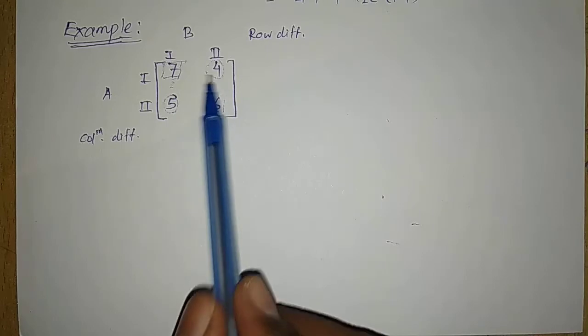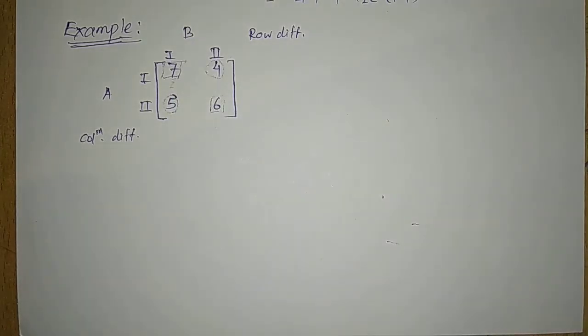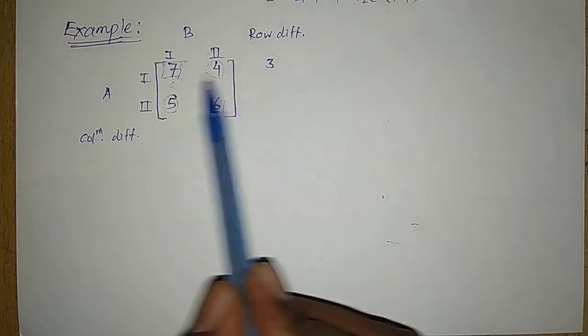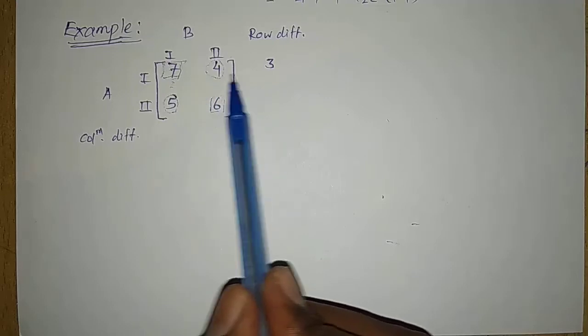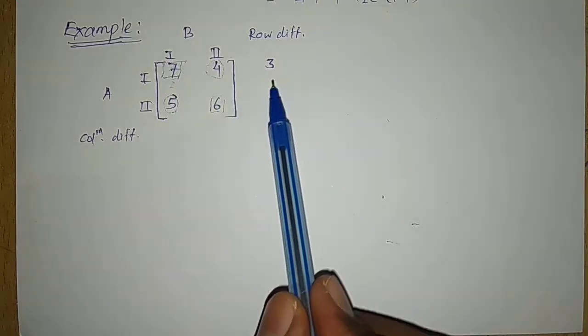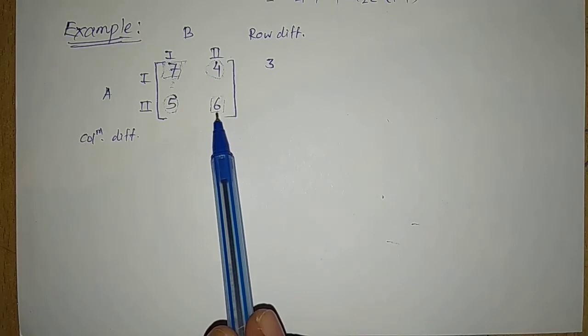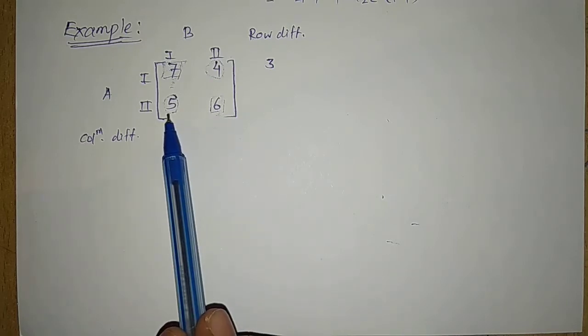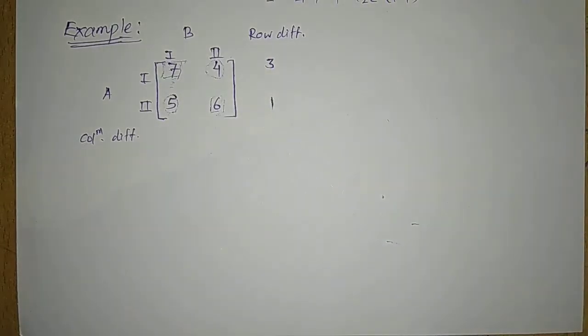Here the difference is 3: 7 minus 4, difference is 3. This is the first row difference. For the second row difference, we have to take the difference as A22 minus A21. So here the difference is 1.